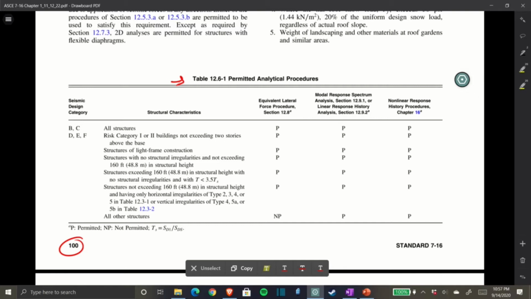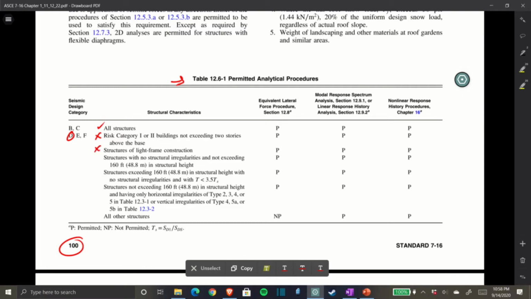So let's take a look. Seismic design category, well, we're D, and it's all of them besides A. So we're D. And if we look down here, we are all structures. We're not a risk category 1 or 2 building not exceeding 2 stories. Structures of light frame construction, that's not us.